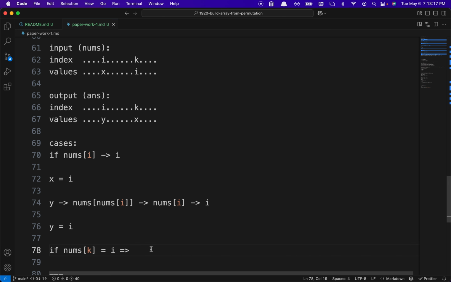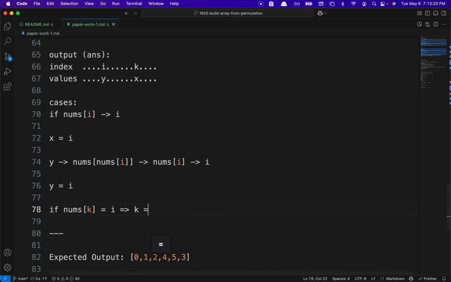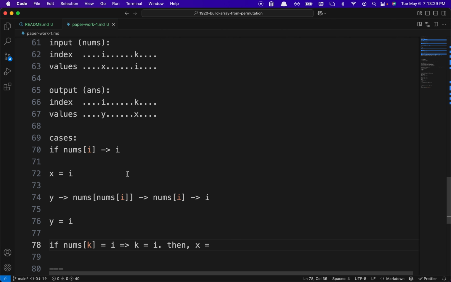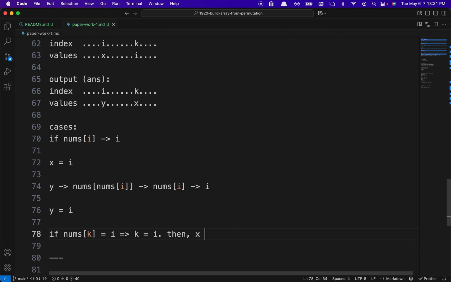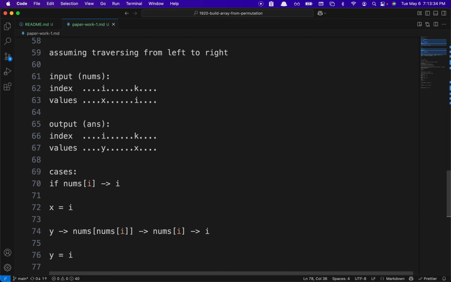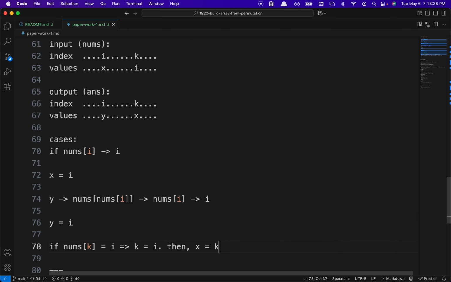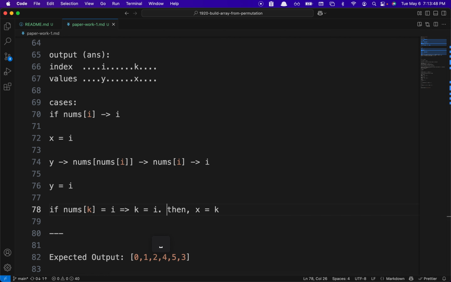So k equals i, then x equals i equals k.